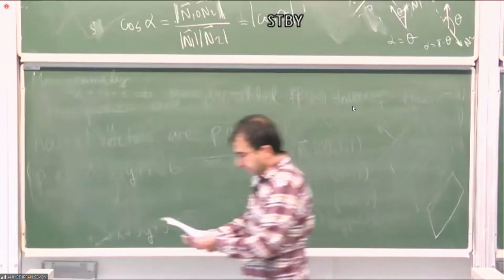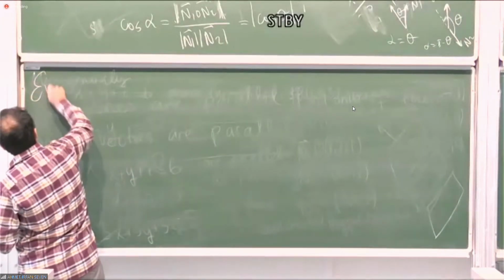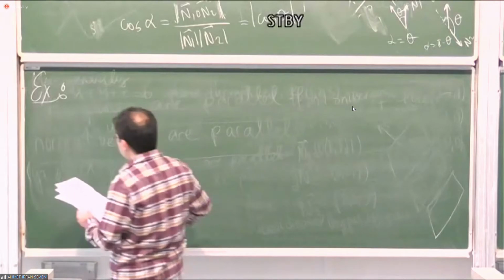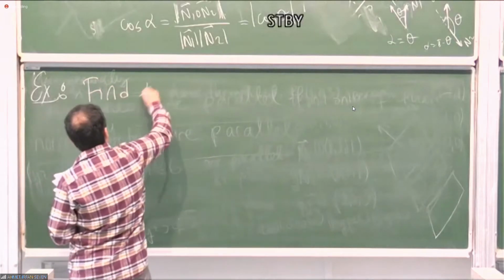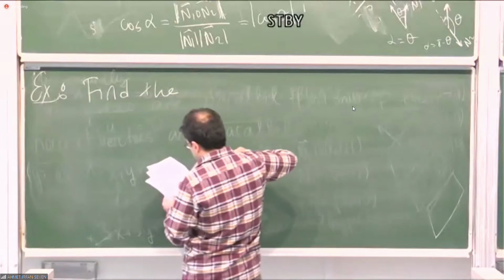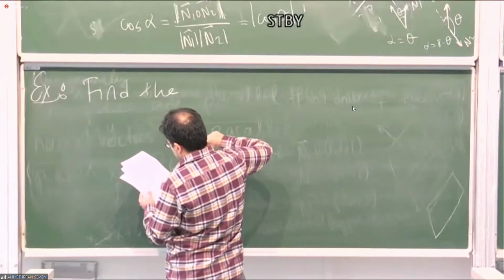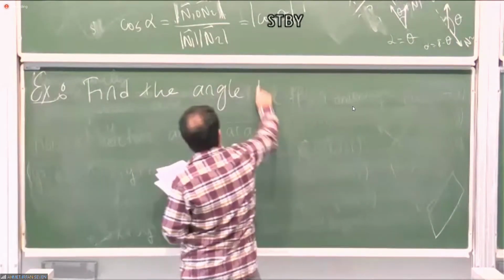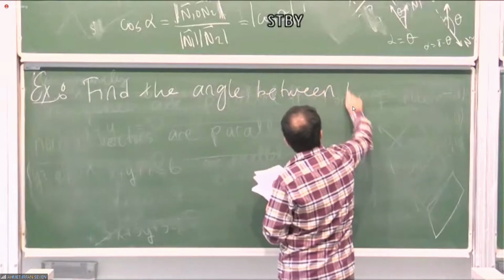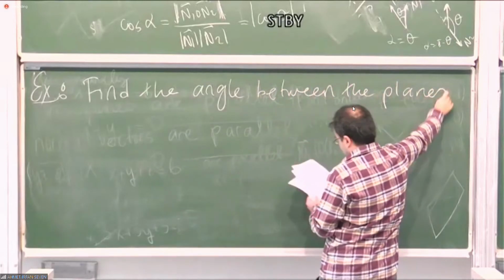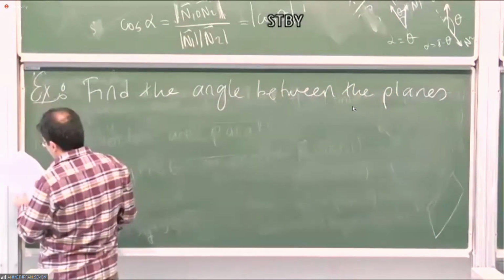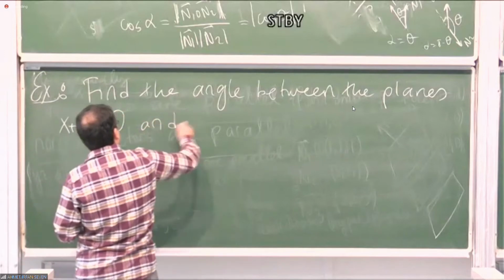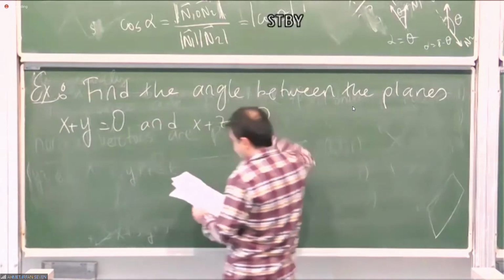Find the angle between the planes x plus y equals 0, x plus z equals 0.